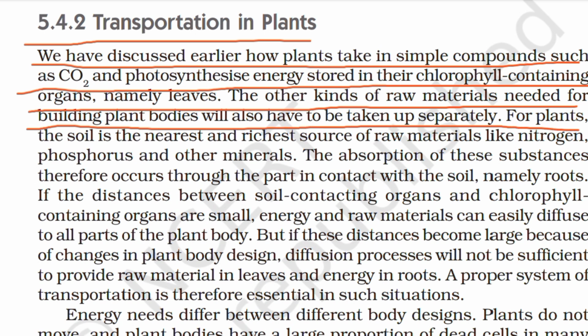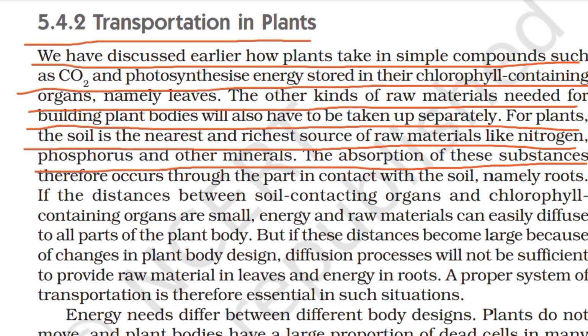For example, for plants, the soil is the nearest and richest source of raw materials like nitrogen, phosphorus, and other minerals. The absorption of these substances therefore occurs through the part in contact with the soil, namely roots.